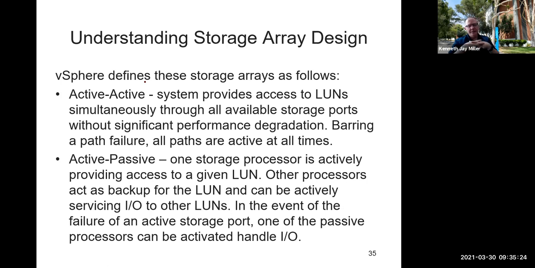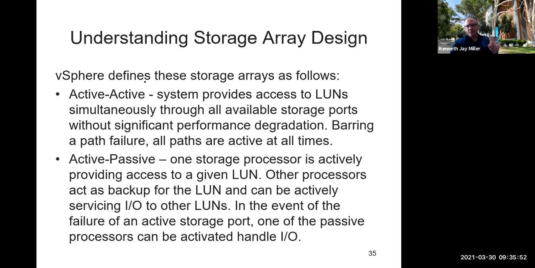And then vSphere defines active-passive as one storage processor actively providing access to a given logical unit number, and other processors act as backup for the LUN and can be actively servicing input output to the other LUNs. In the event of the failure of an active storage port, one of the passive processors can be activated to handle the input output.